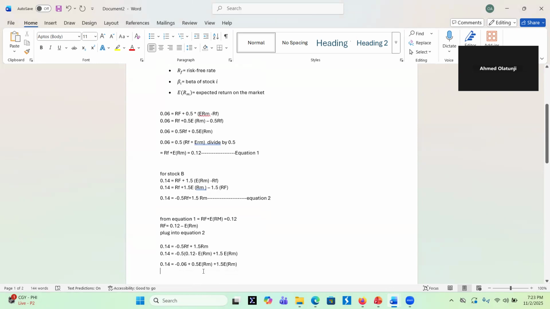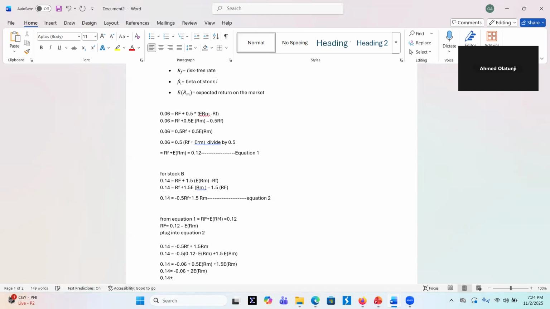So we now then have 0.14 plus 0.06 equal to 2 ERM, because how did I get my 2 ERM? 0.5 plus 1.5 is 2. That's pretty straightforward. Then your RM.